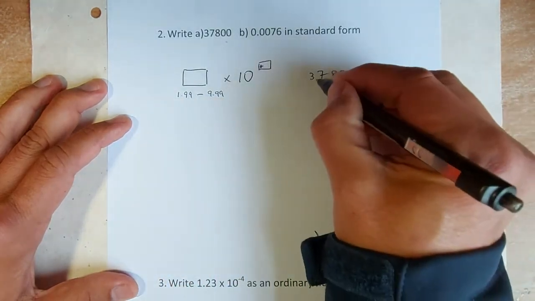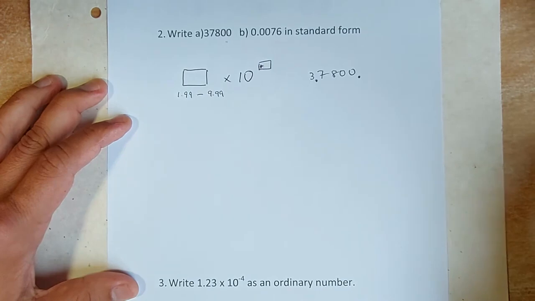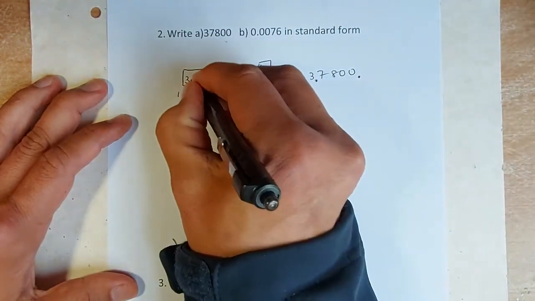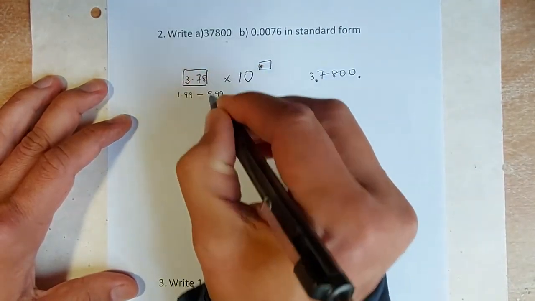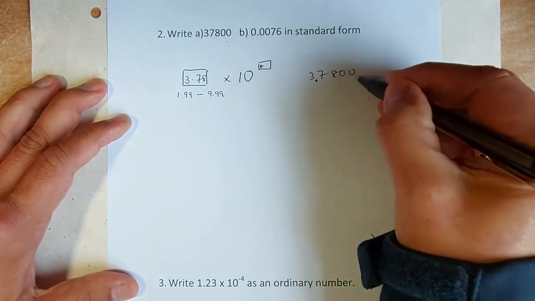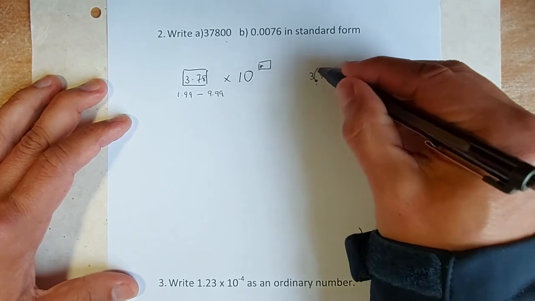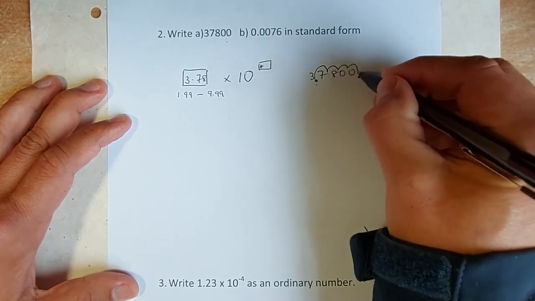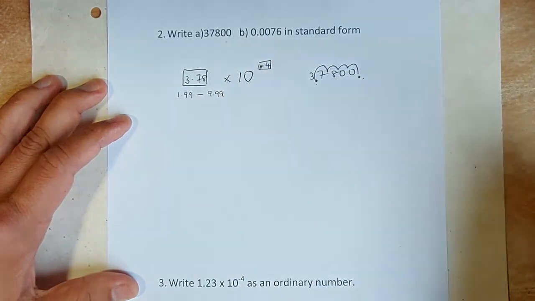We're going to move the decimal point here, and the number becomes 3.78. So 3.78 lies in that range. Now we're going to see how far we move from here to here. We jump 1, 2, 3, 4. So it's going to be plus 4. And that will give you another mark.